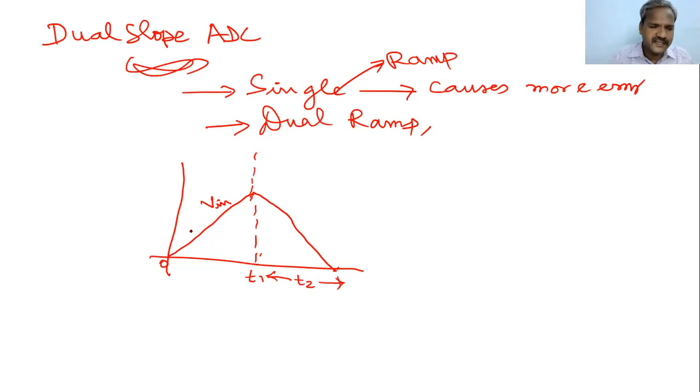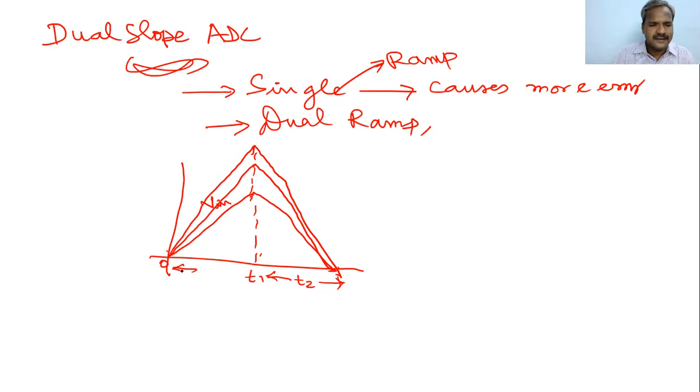At any slope, you can have another slope; the integrator slope can have a different value, but the time is maintained the same. Similarly, the integration ends at the same time period, so we can have many such ramps with a fixed time interval.